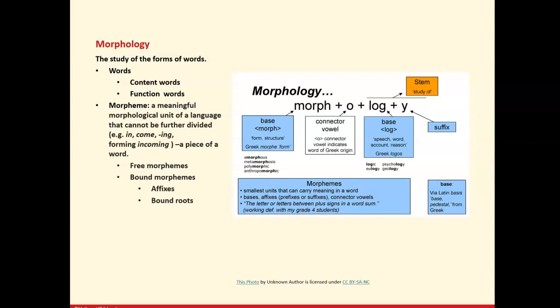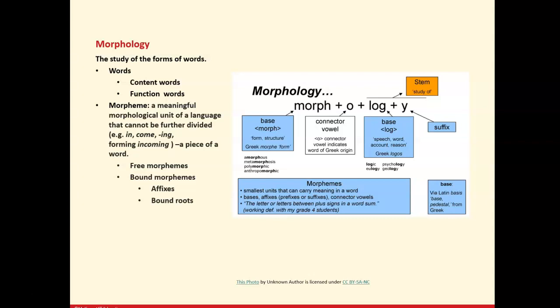The second type of morpheme are bound morphemes, and these are affixes such as prefixes or suffixes. So, using the example above, income, the in is a prefix, and in order for that idea to have meaning, it has to attach itself to a word.